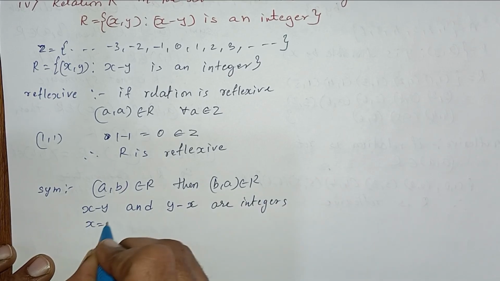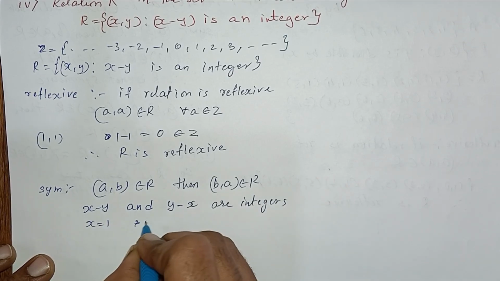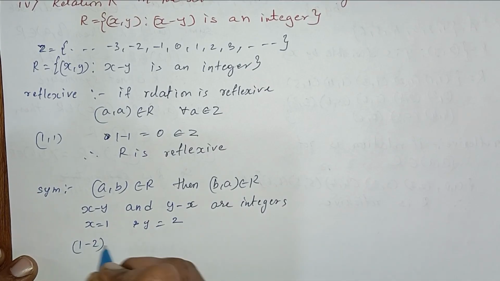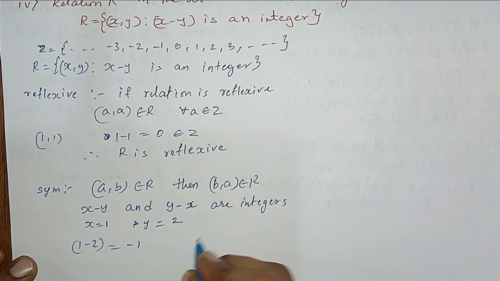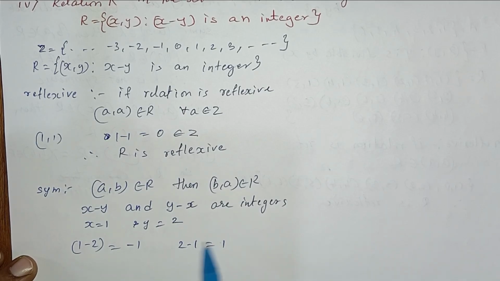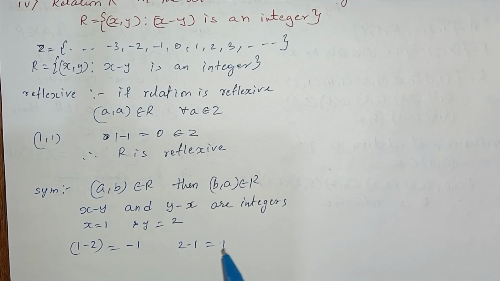If we take x as 1 and y as 2, that is 1 minus 2, which is minus 1. And 2 minus 1 is 1. So both are integers.